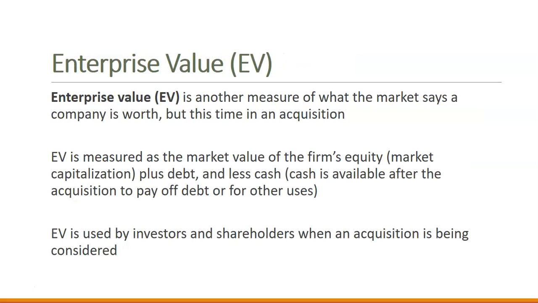So enterprise value is the measure of what a company is worth as an acquisition. So this is the market value of our equity plus debt and less cash. So this is used by investors and shareholders to determine the valuation of a company if they're considering buying it or making a purchase.